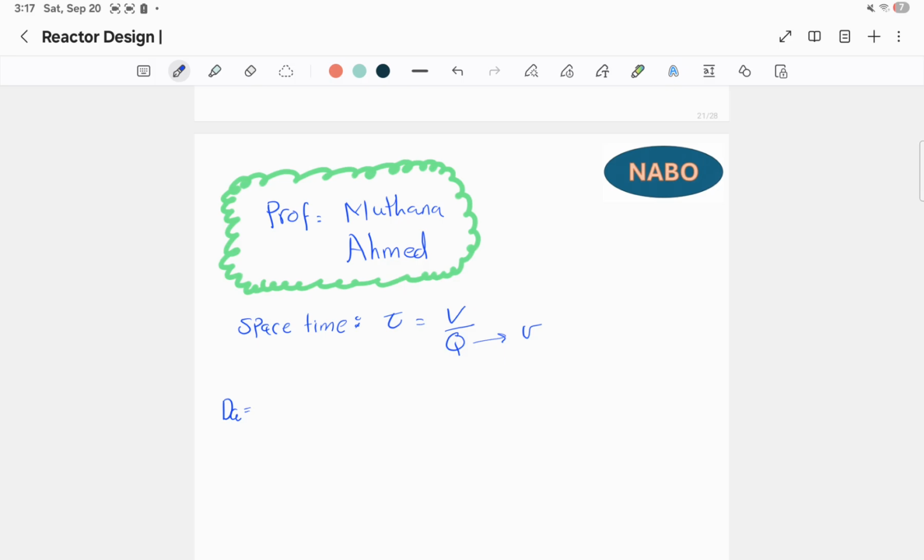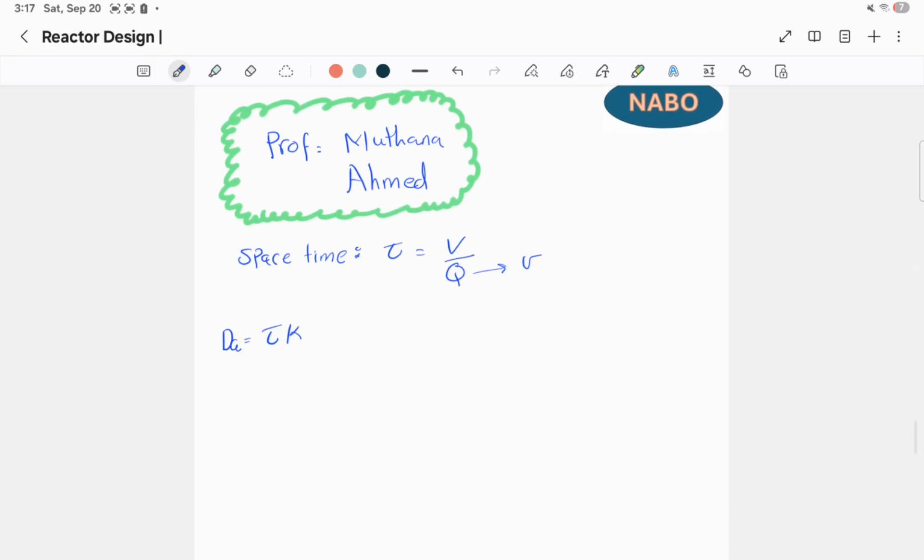Physical parameters, I mean, such as temperature, volume of the reactor, and volumetric flow rate. And I'll show you how to derive the Damkohler number, which is the space-time times k, the rate of reaction constant, which is a function of temperature.